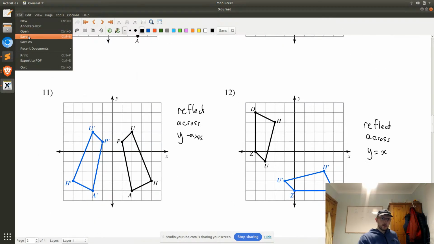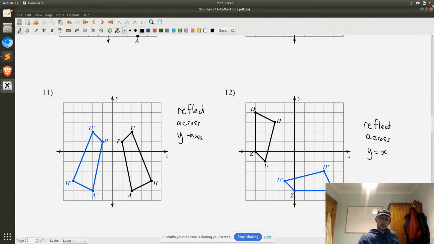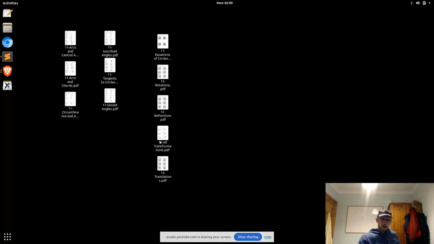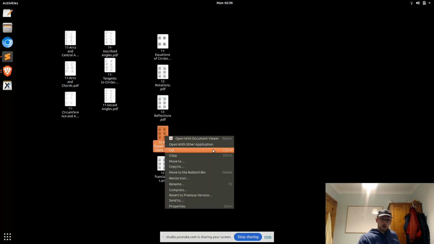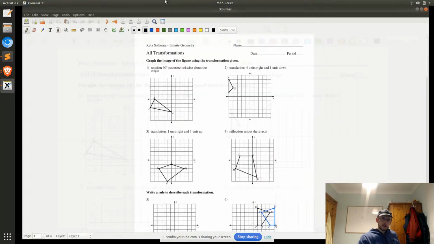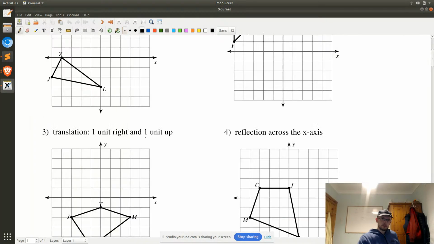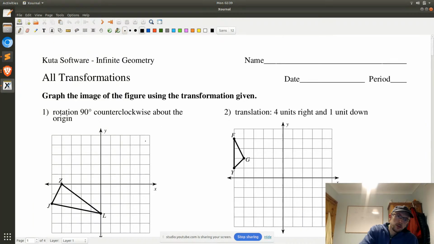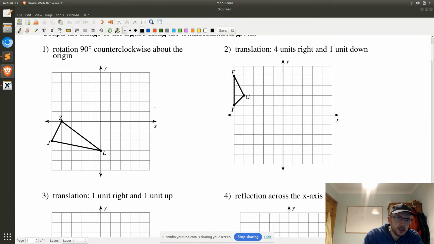All good. All transformations combined. All right. Okay, rotation 90 degrees counterclockwise about the origin.